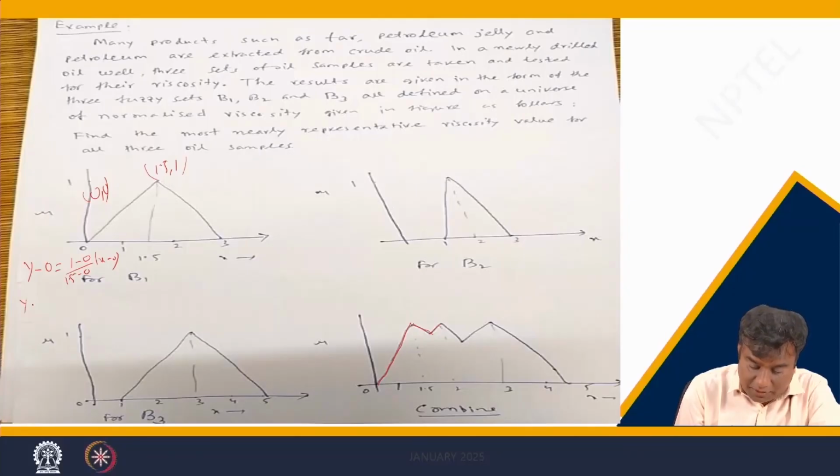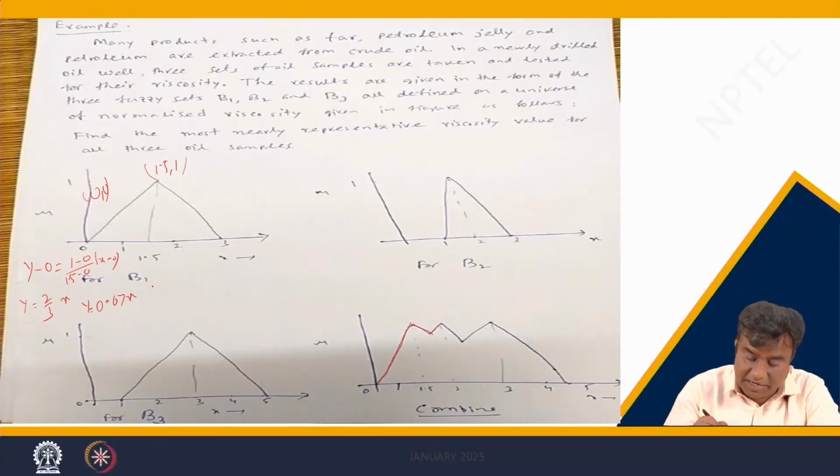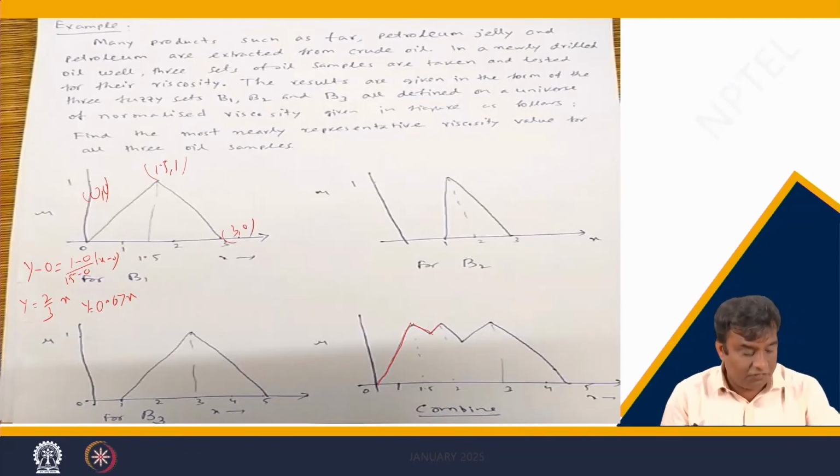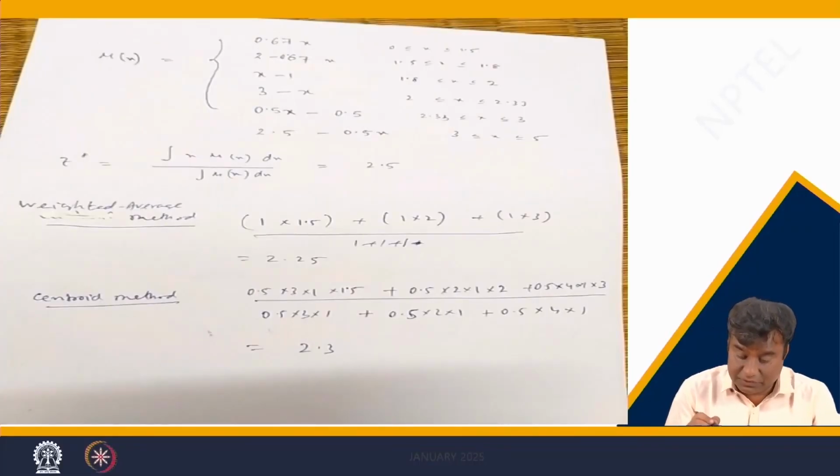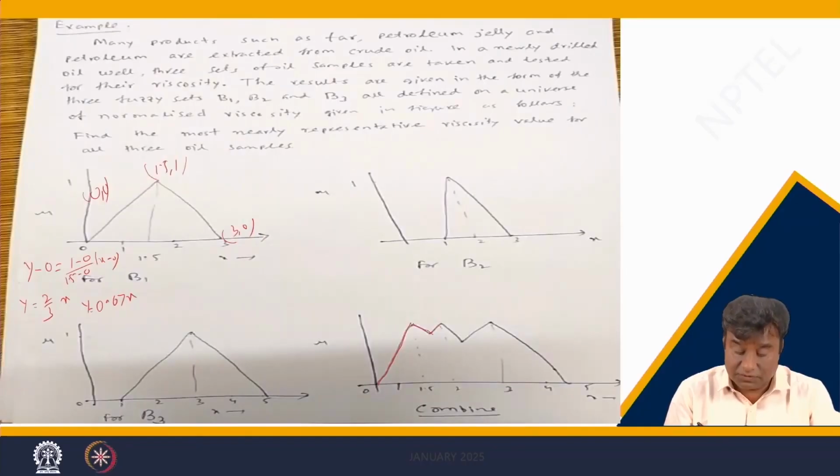So y equals 2 by 3 x, that is y equal to 0.67x. Similarly, for this straight line, if you solve it, you will get 2 minus 0.67x.